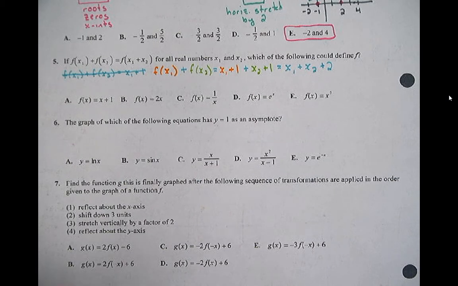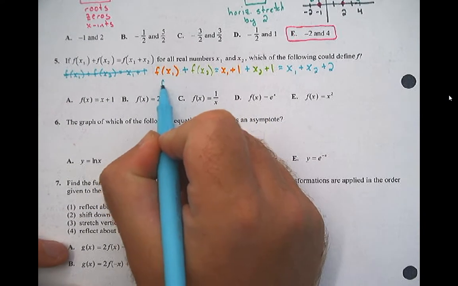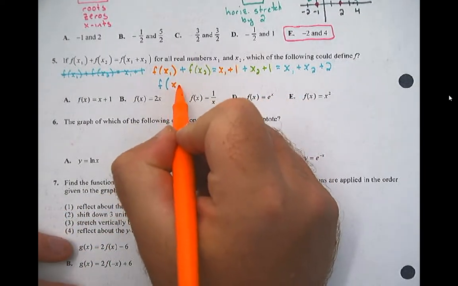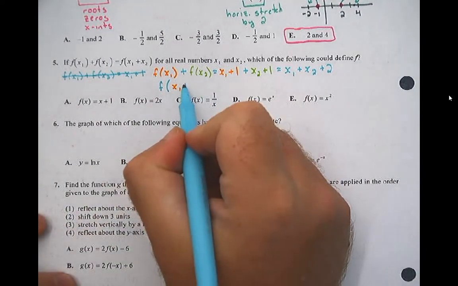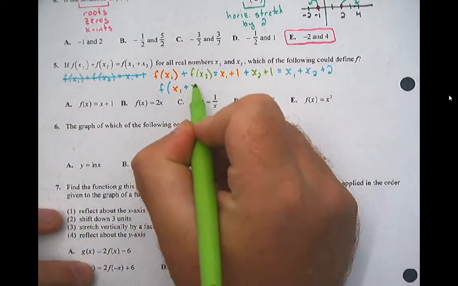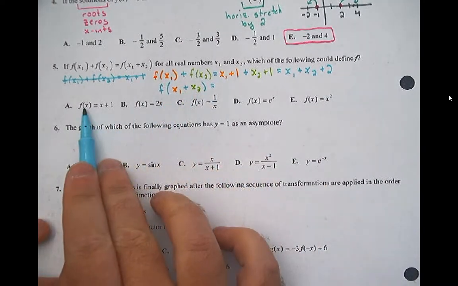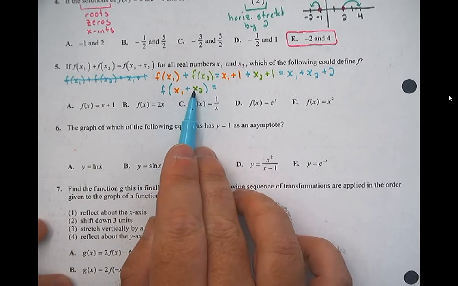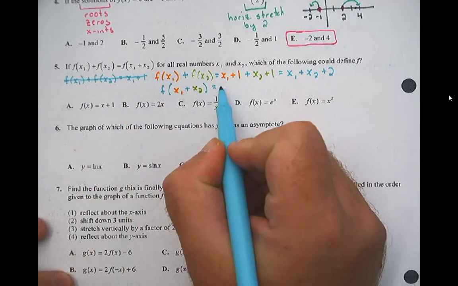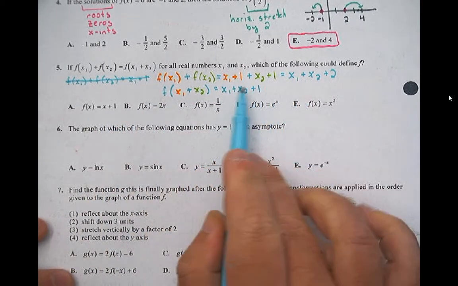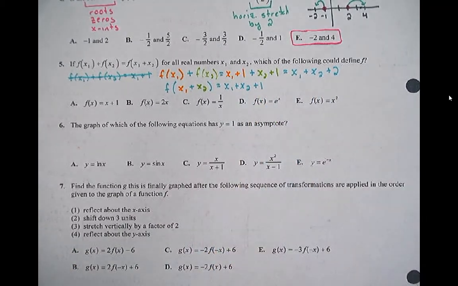That would look like f of x1 plus x2 equals, so now I'm taking out x and I'm replacing it with x1 plus x2. So we would get x1 plus x2 and then plus 1. Are these the same thing? No. So now we can eliminate, we can kill off one of these. Let's kill off A.